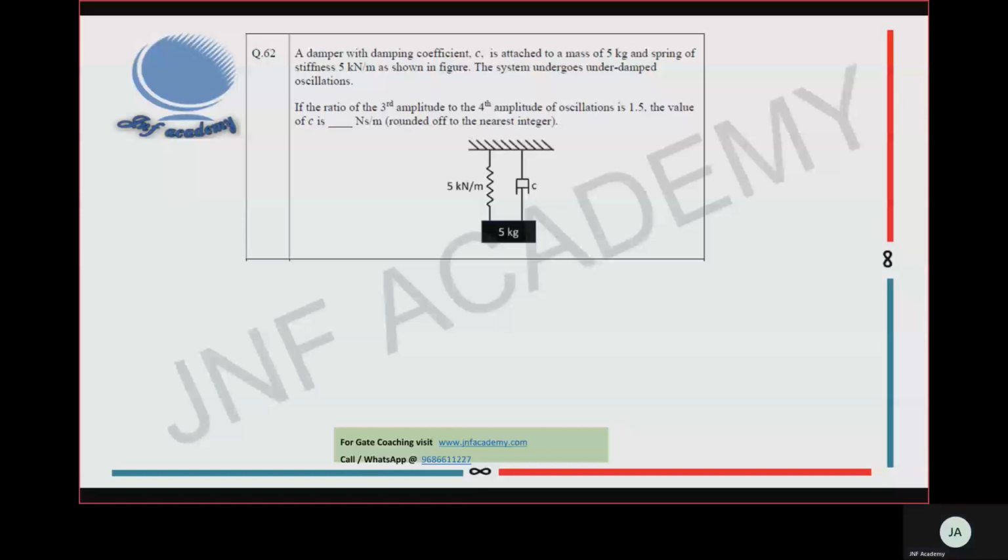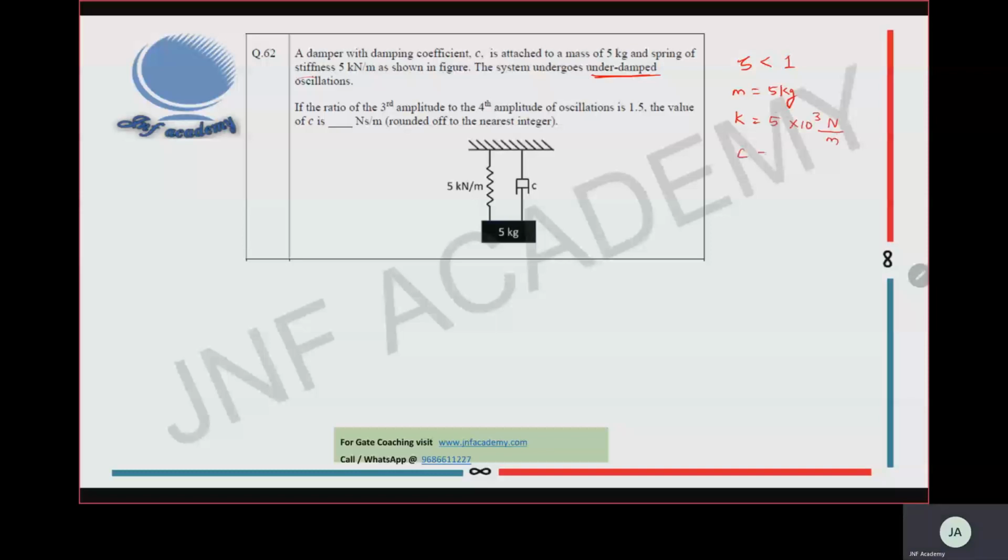Okay. If you look at this vibratory system, it is underdamped. So your zeta value will be less than 1. Okay. Then mass value 5 kg. Then stiffness value is 5 kilonewton per meter. So whenever you are using stiffness value, you have to keep it in Newton per meter.